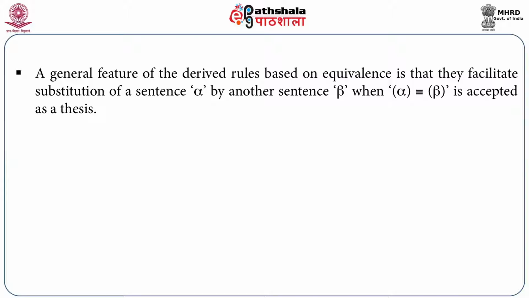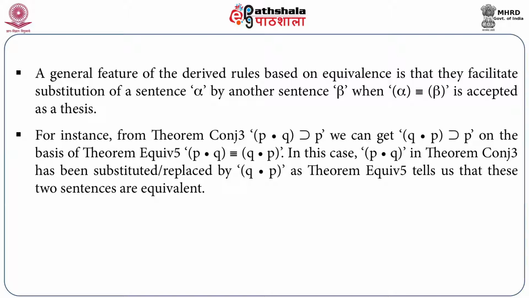From theorem conjunction 3, which is P and Q implies P, we can get Q and P implies P, on the basis of theorem equivalence 5, P and Q is equivalent to Q and P. In this case, P and Q in theorem conjunction 3 has been substituted, or you may say replaced, by Q and P, as theorem equivalence 5 tells us that these two sentences are equivalent.